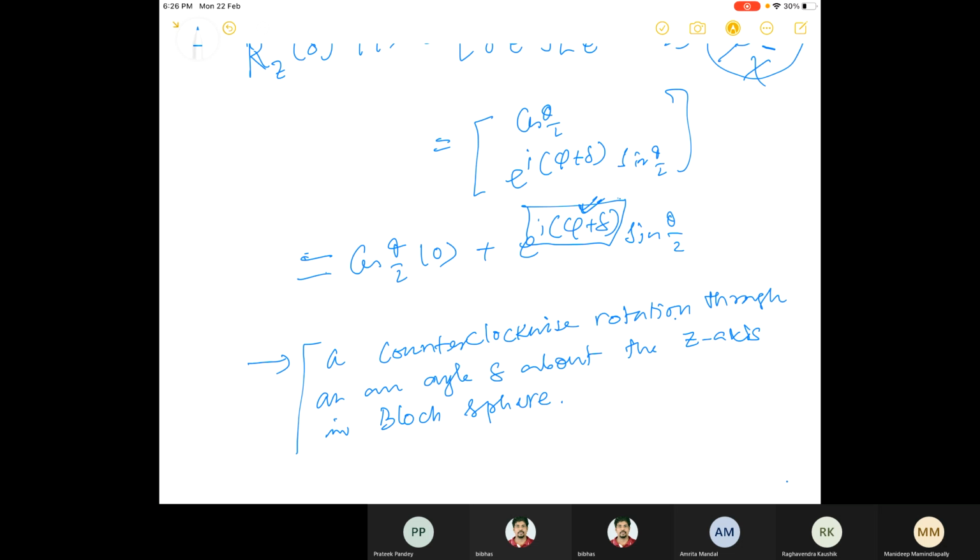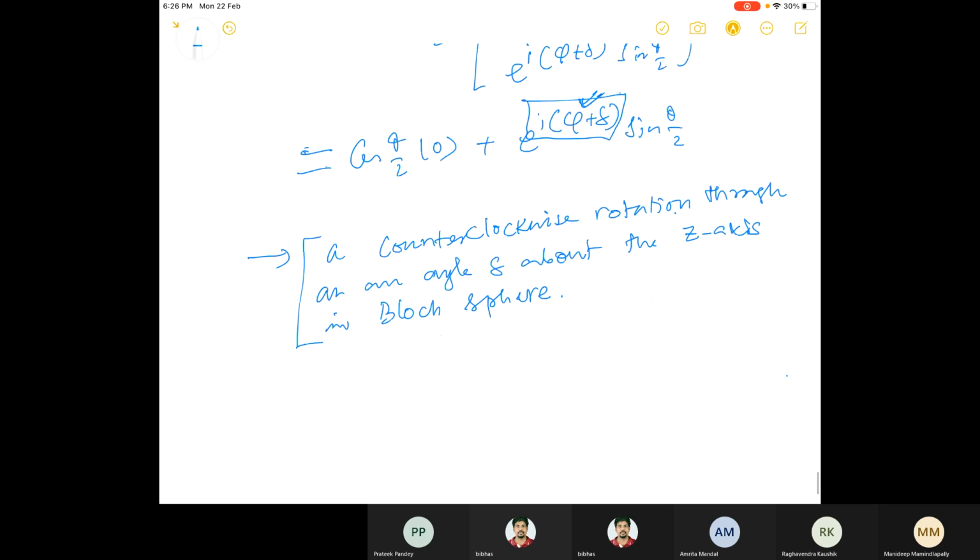Think about that. This is nothing but a phase shift. In geometry, this is what is called a counterclockwise or anti-clockwise rotation around this z-axis.